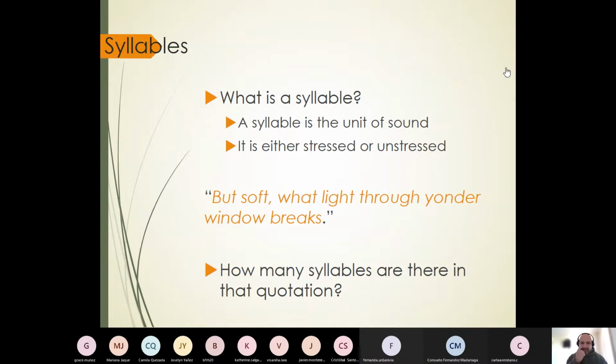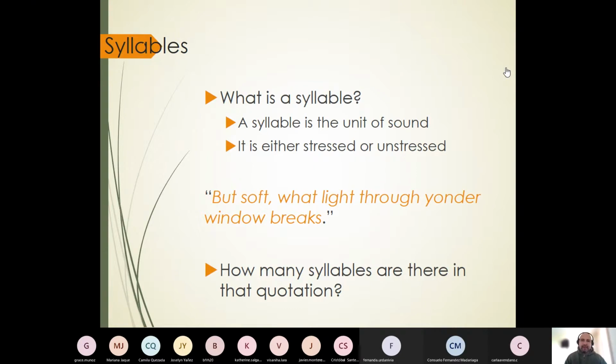Now, how many syllables do you think there are here? Let me give you a clue. A syllable has as a nucleus or peak a vowel sound.